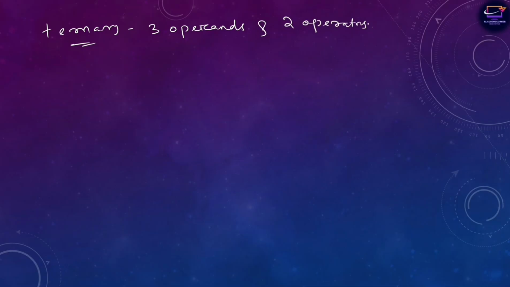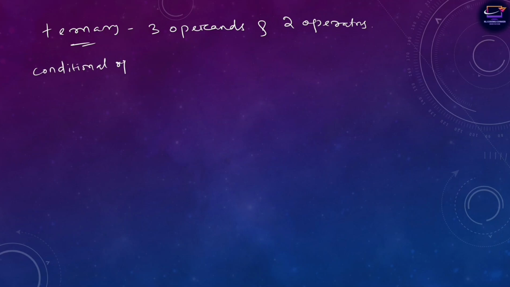So next is our ternary operator. See, ternary means, as I have already discussed, 3 operands and 2 operators, right? Ternary means it requires 3 operands. It is also known as the conditional operator.